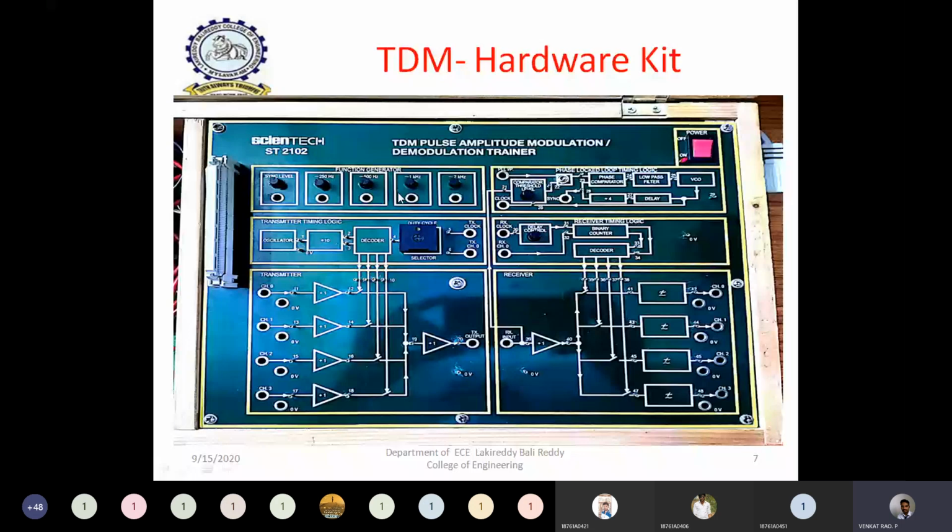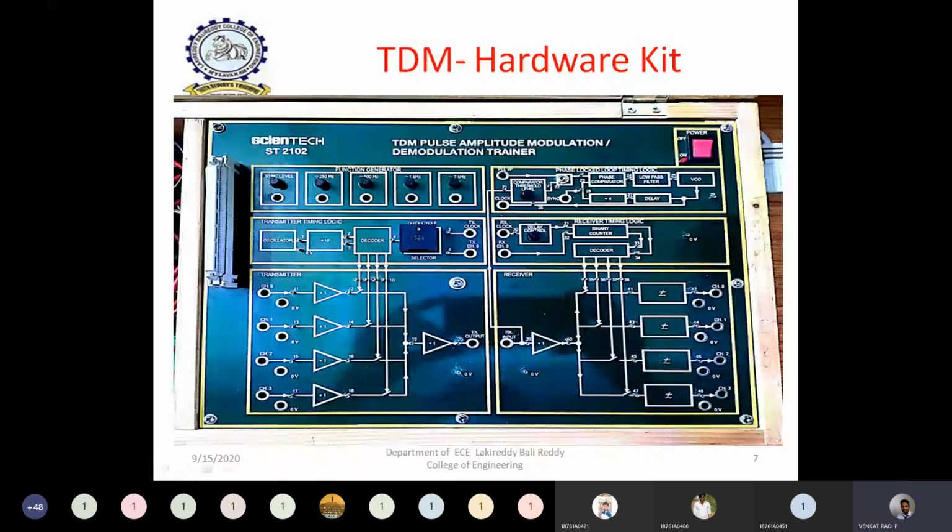Now, all these 4 signals must be connected to the multiplexing process. Carefully observe: there is a block here called the transmitter, and another block represented as the receiver. In the transmitter block multiplexing is done, and in the receiver block demultiplexing is done.